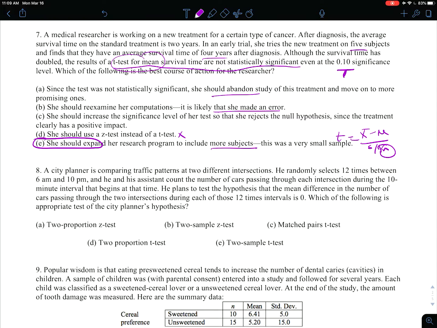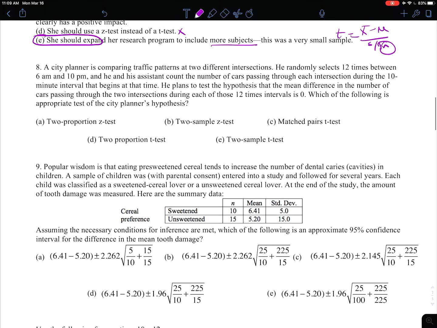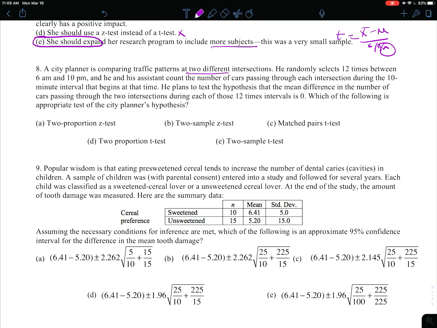Number 8, we have a planner comparing traffic patterns for 2 different intersections. Randomly selects 12 times between 6 and 10. So one random selection here, 12 times. And then looks at each of the 2 intersections for 10 minutes.